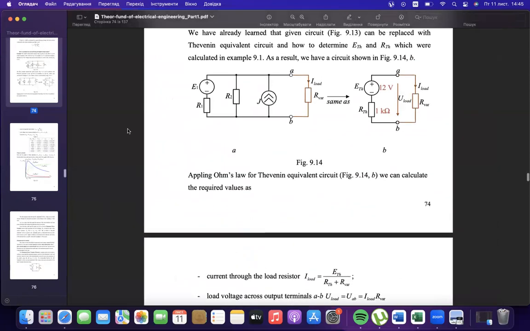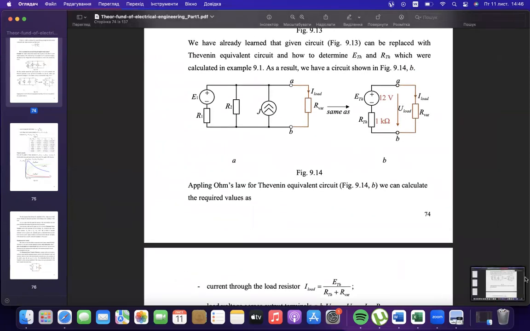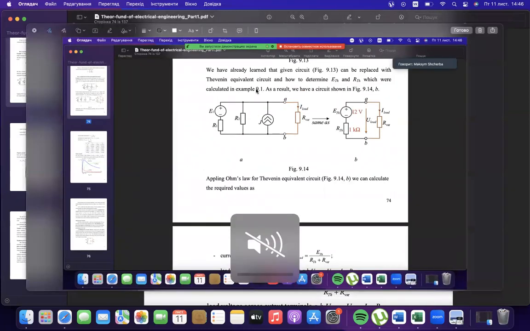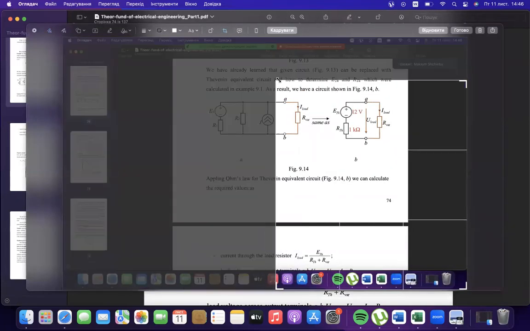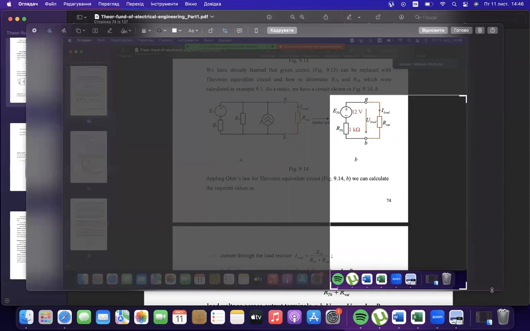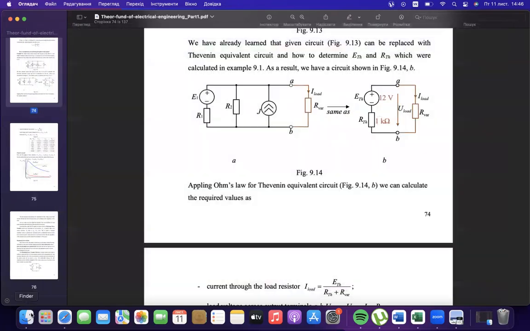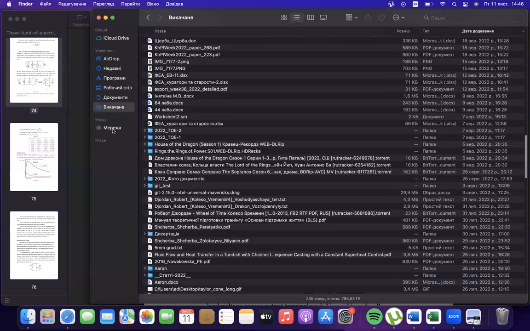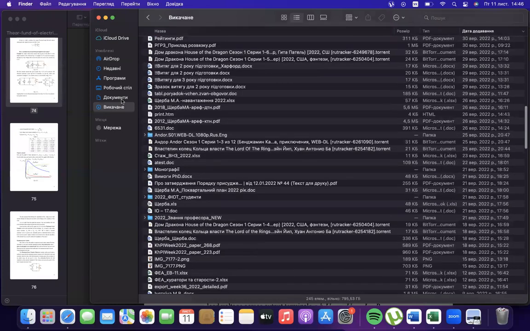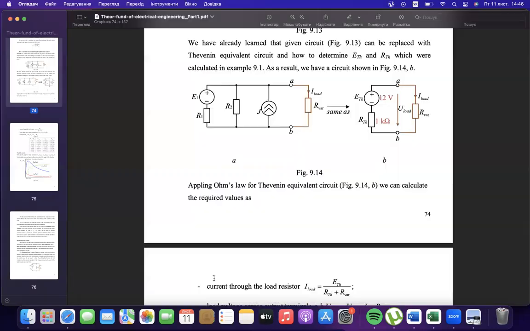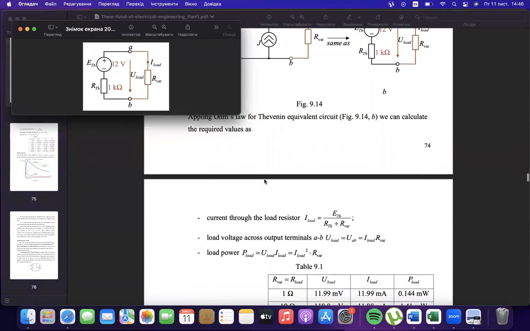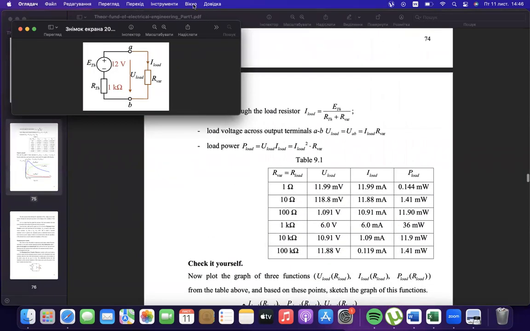What does it mean? It means if we have some circuit, we generally divide it into source and consumer.